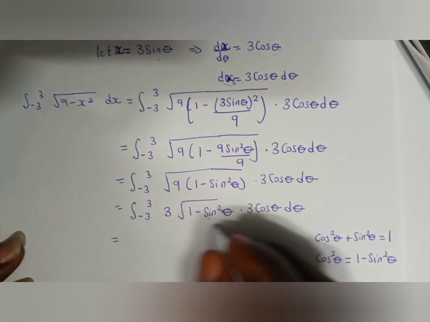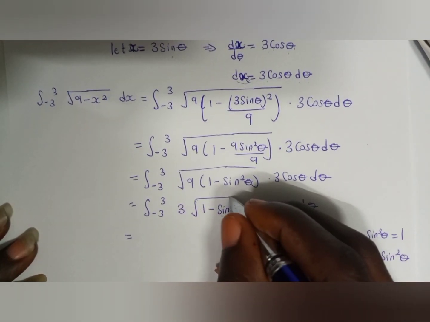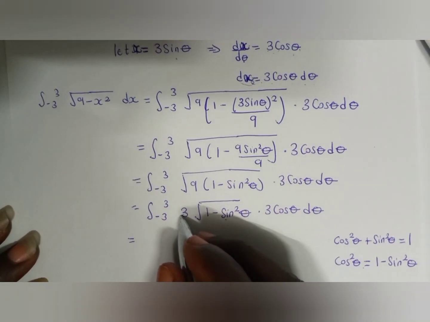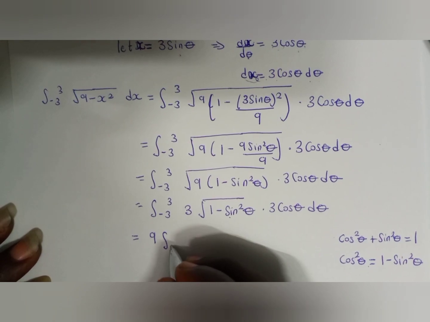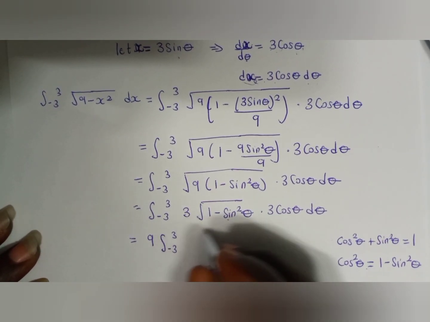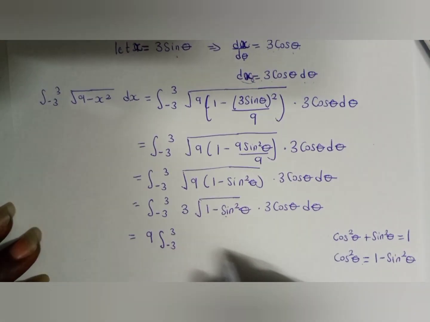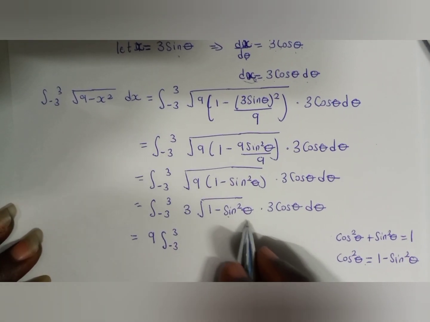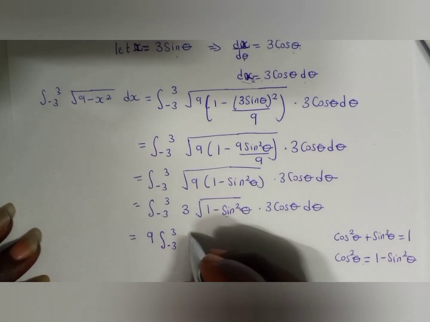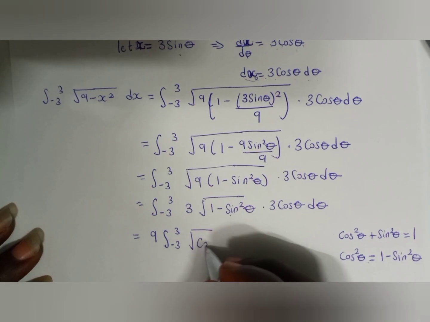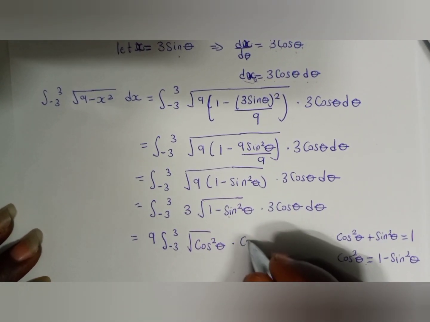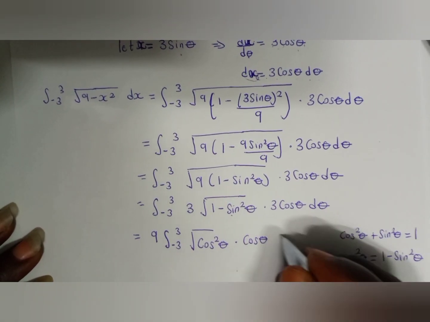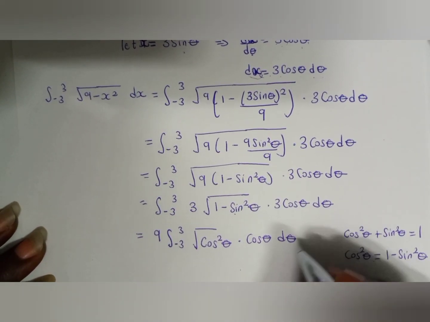So in place of this, we can write, so 3 times 3, we are going to get 9, the integral of negative 3 to 3, then root of 1 minus sine squared theta is cos squared theta, which is root of cos squared theta times cos theta d theta.